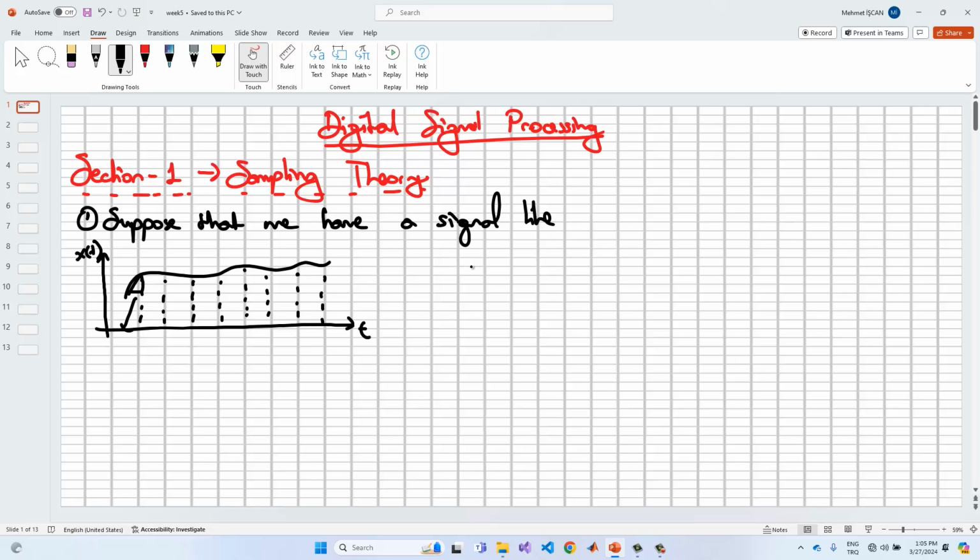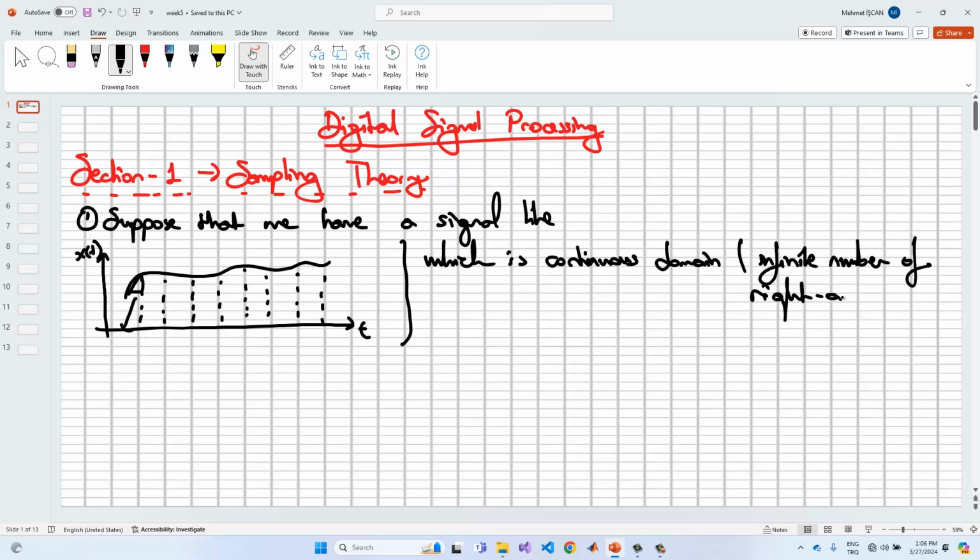And so, this is the continuous domain, and we can split it into an infinite number of right angled triangles, right?